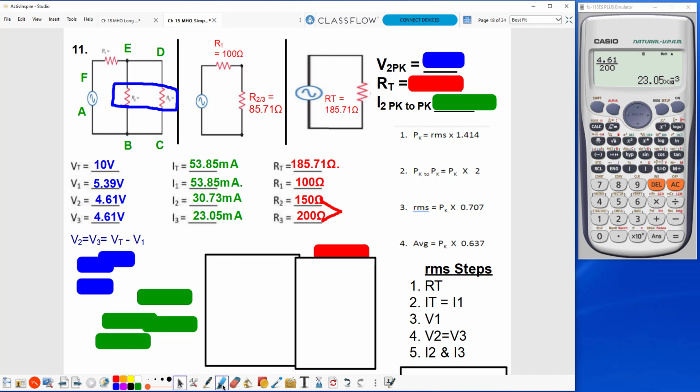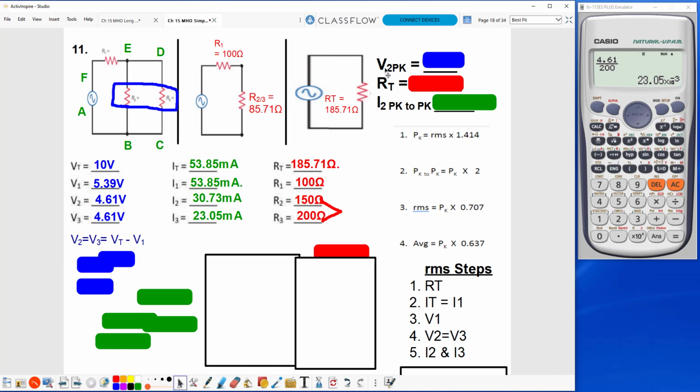I need to understand that all of these current values and voltage values are RMS values. Unless otherwise stated, all values given are RMS. When we were given the VT of 10 volts, it didn't say that it was anything other than RMS, so we know that it's RMS.